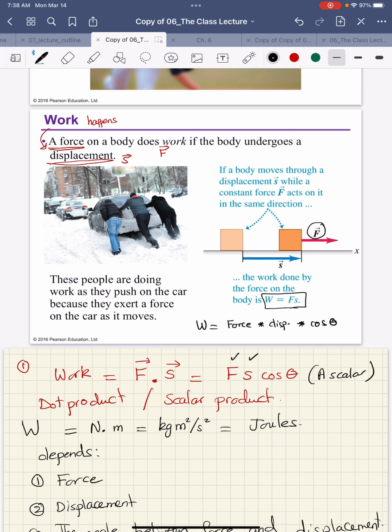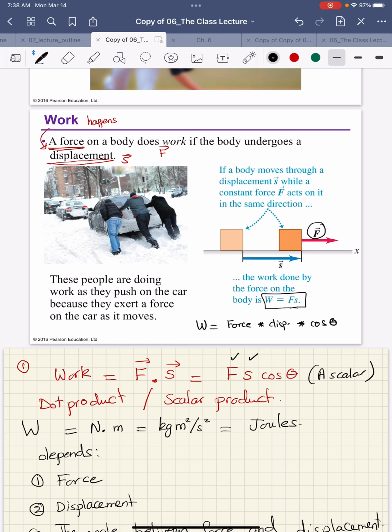Remember we introduced in chapter 1 two types of multiplication. One we called scalar or dot multiplication, and the other one we call vector product, or cross product.